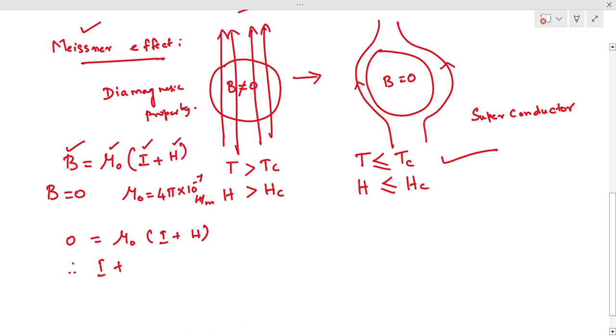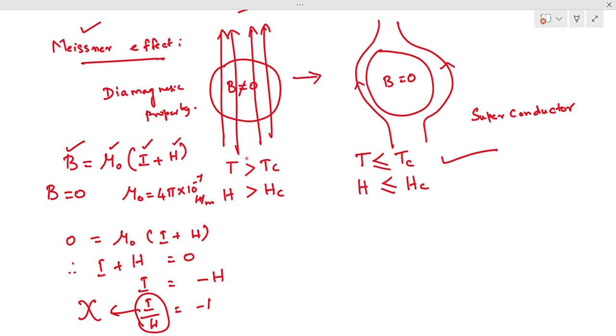Therefore, I plus H is equal to 0, I is equal to minus H, or I by H is equal to minus 1. The ratio of I by H is said to be the susceptibility. Since the susceptibility value of the superconducting material is minus 1, negative, this superconducting material behaves as a perfect diamagnet.